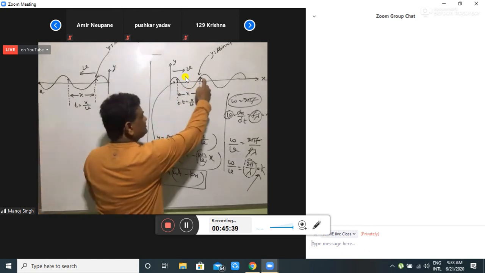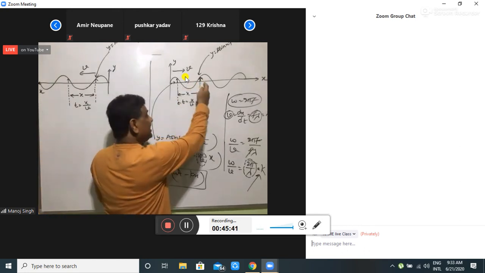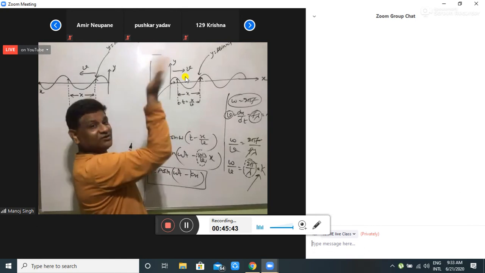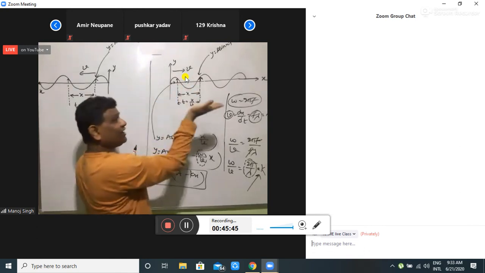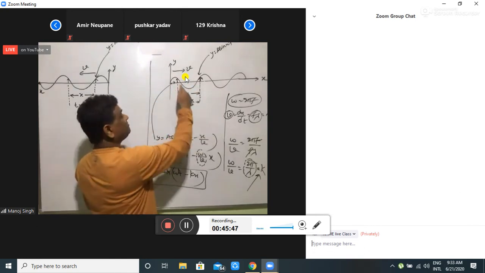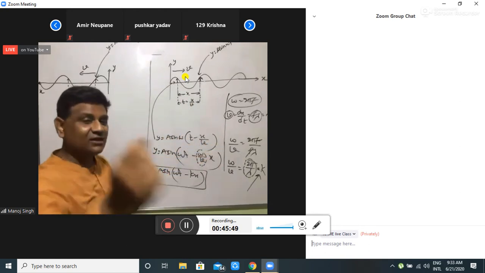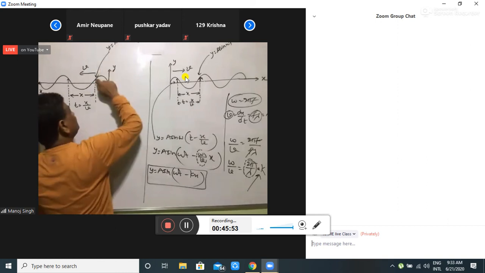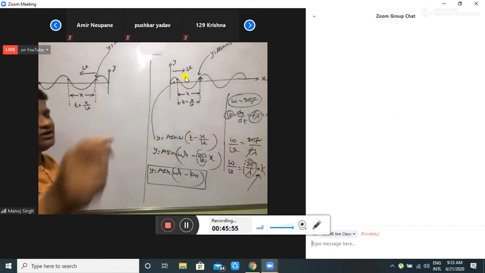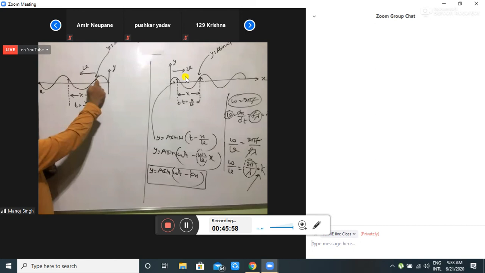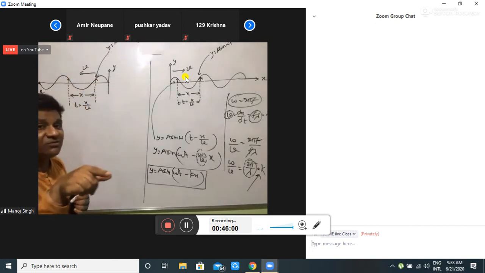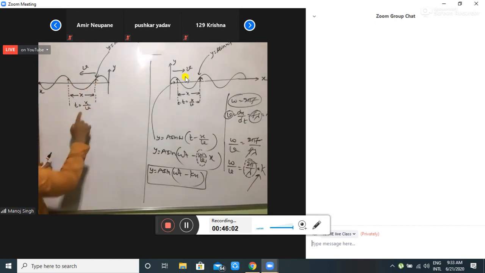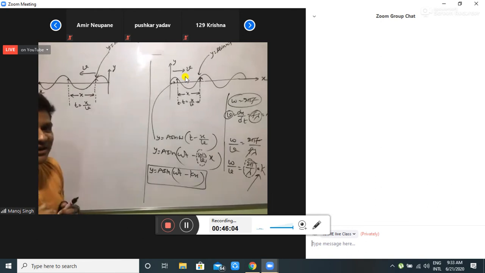This particle is disturbed at a time t and the earlier particle was disturbed at t minus x by v. Now this particle is disturbed at a time t, and with respect to it, the other particle will be disturbed at t plus x by v.